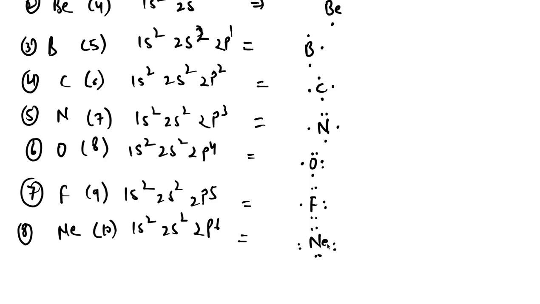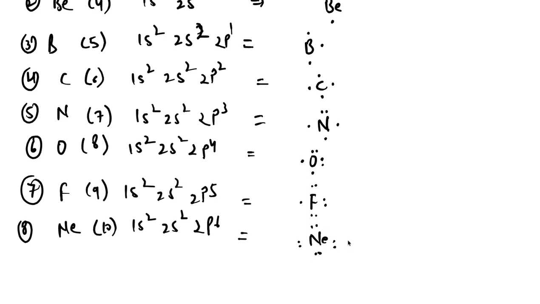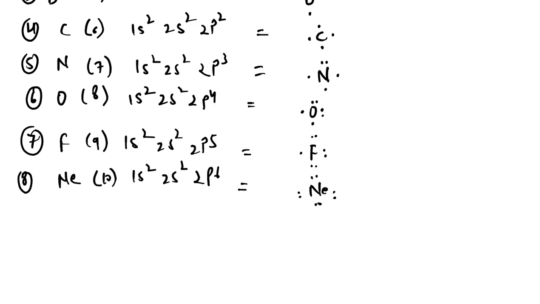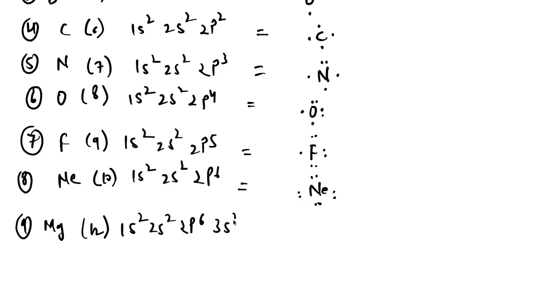Similarly you can show it for the next ones as well, as I have already shown for sodium. Let's say for magnesium, which has 12 electrons. Its configuration is 1s2 2s2 2p6 3s2. In the case of magnesium, these are the inner shells and this is the valence shell.